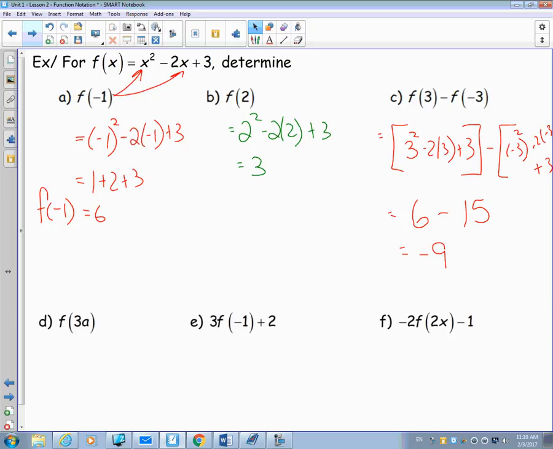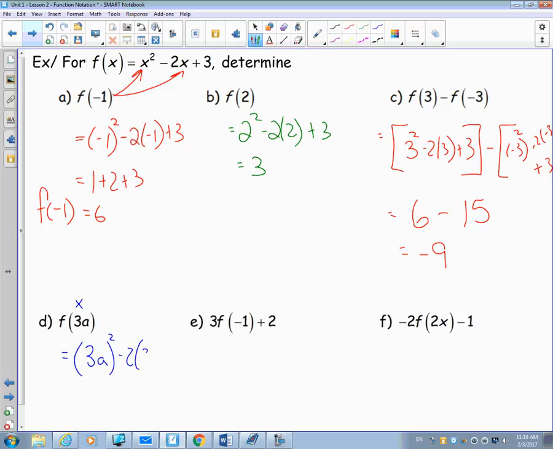Okay, our next set. We can find function values for things that are not just numbers. We can do this algebraically also. It works the same way. So in this case, letter D, every time I see the letter x, I'm going to replace it with a 3a. What's that going to look like? I see an x squared, so 3a squared.